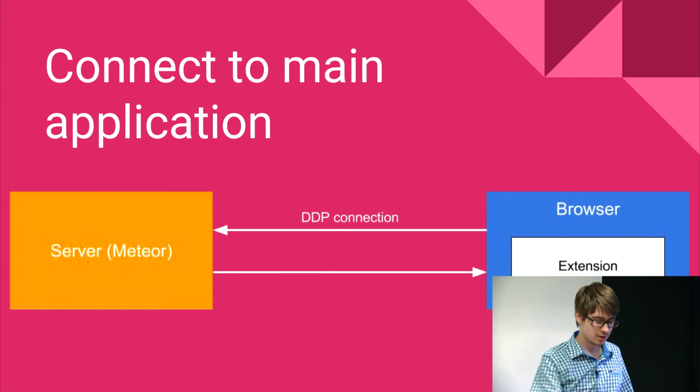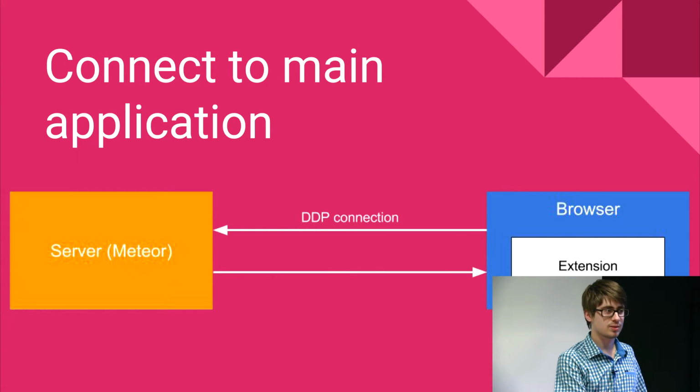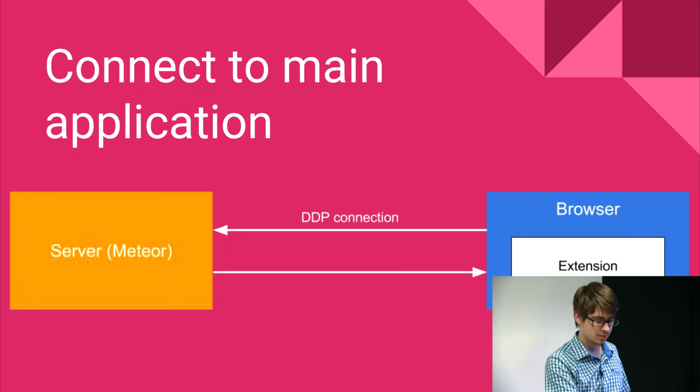This one uses the DDP connection from a client library called Asteroid, and by this we achieve all the actions we need, providing Meteor as a server-side solution for the extension.